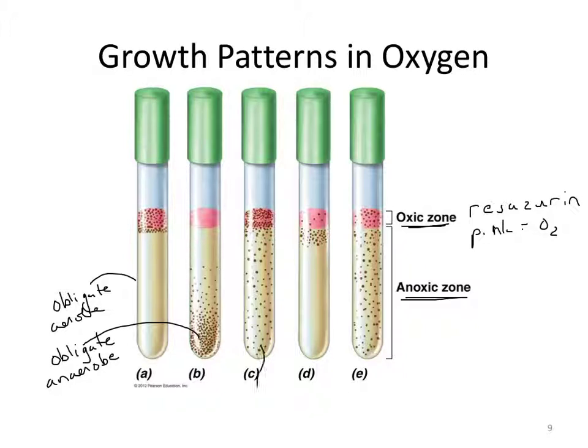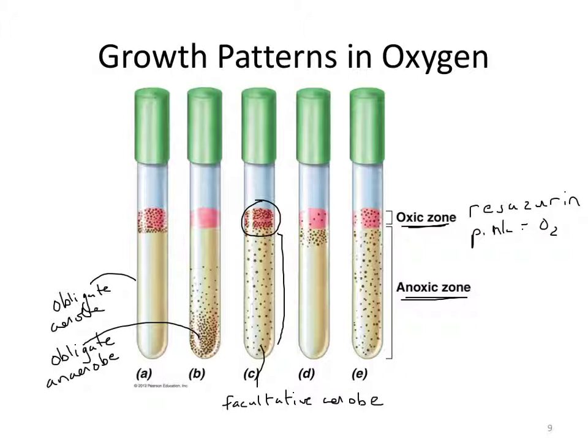The C pattern, this would be a facultative aerobe. Some books will call that a facultative anaerobe. And I know that because it's growing better where there's oxygen. There's more cell mass there, but there is also cell mass through here.